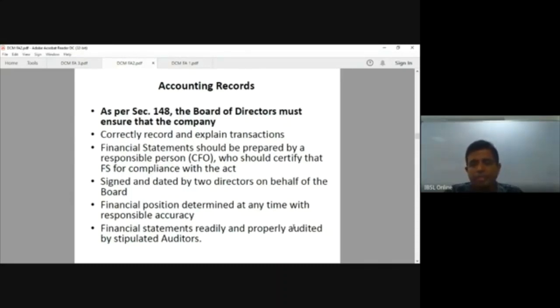They categorize all the business entities into specified business entities. Normally, these specified business entities will include all the big and large companies in Sri Lanka.